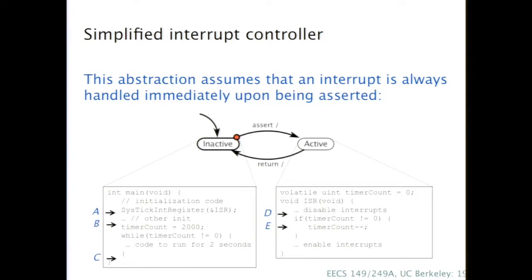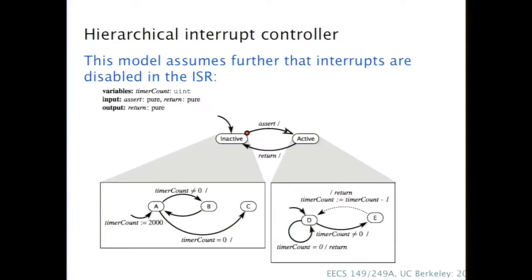In fact, I can stick in my interrupt code and see that this is kind of how it behaves. If I make these state machine refinements, I can say I'm executing main, and I'm wherever I am. If assert occurs, main is not allowed to react. I'm just going to stay where I am, and I'm going to transition into my interrupt service routine, which no longer needs an idle state.